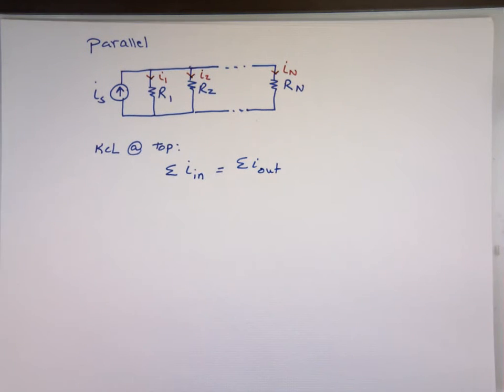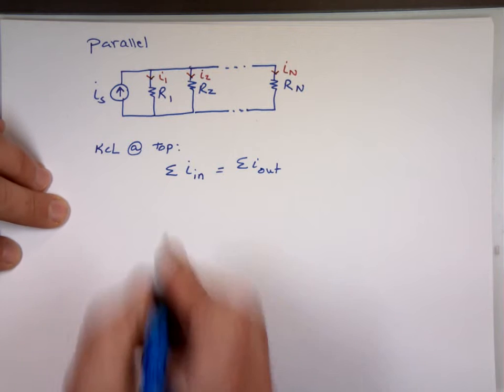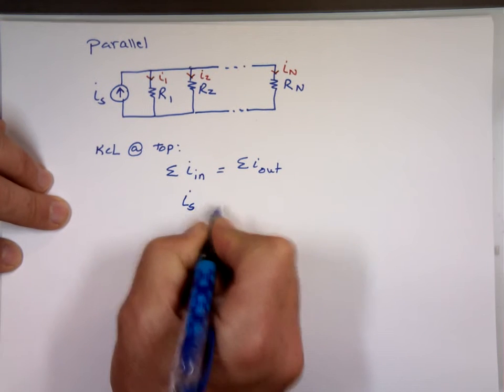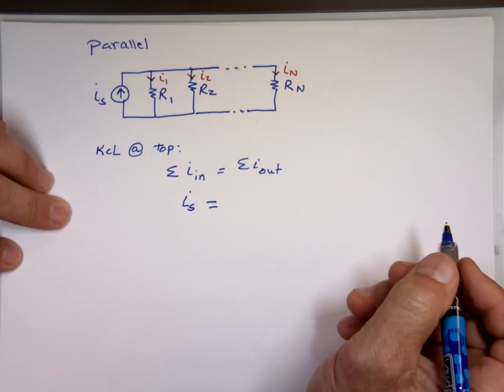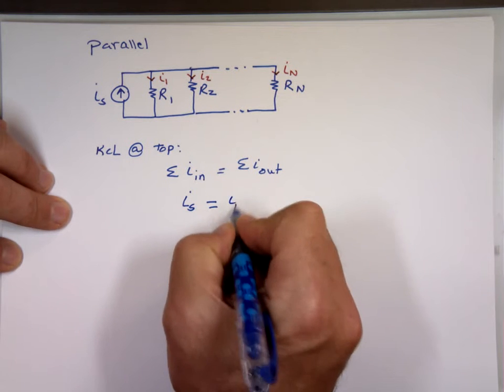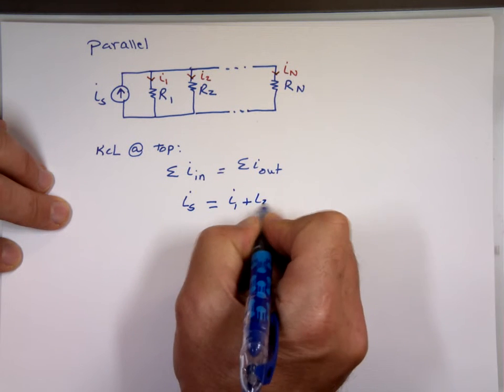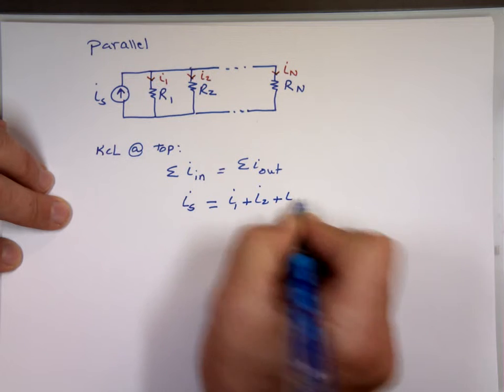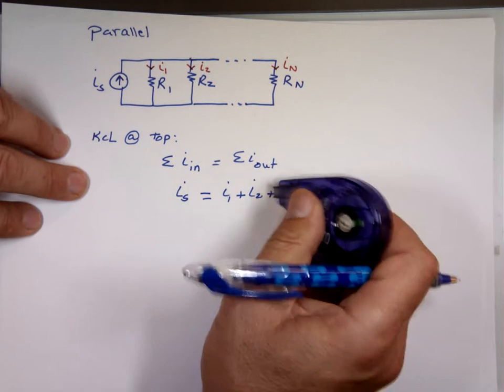What is going to that node? Good, I sub S. And what's leaving that node? I1, I2, dot, dot, dot, IN, right?